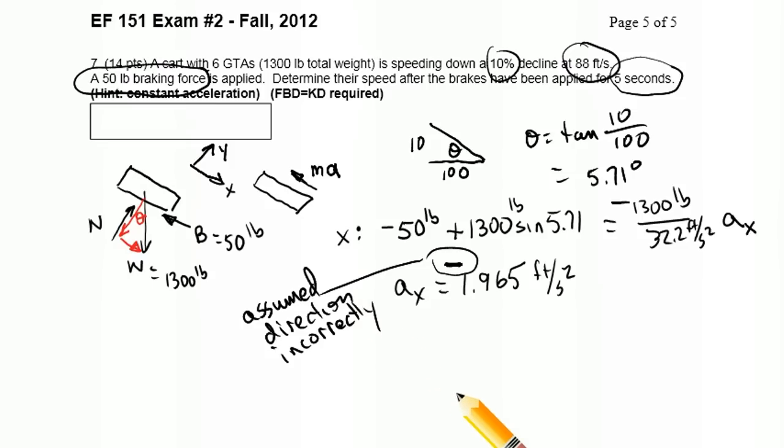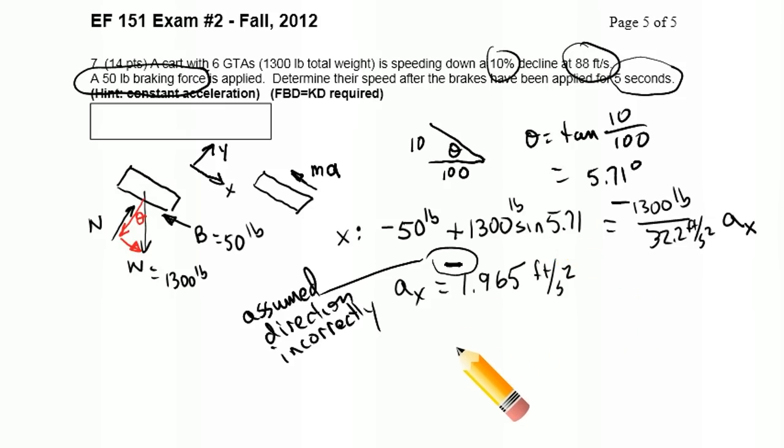It means I assumed direction incorrectly. So since I assumed negative, the acceleration is actually going to be down. What's happening is this braking force is not enough to actually slow it down. It's not even enough to offset this weight component. So we're not speeding up as fast as if we had no braking, but we don't have enough braking to be actually slowing down.